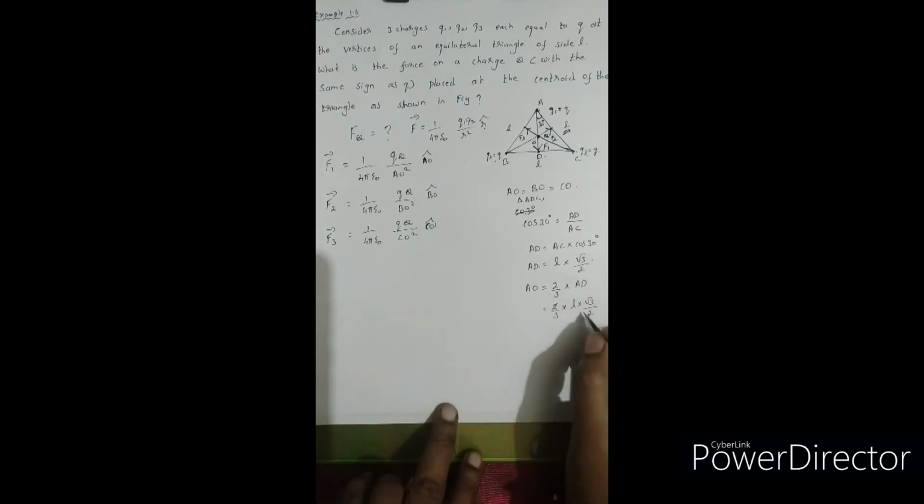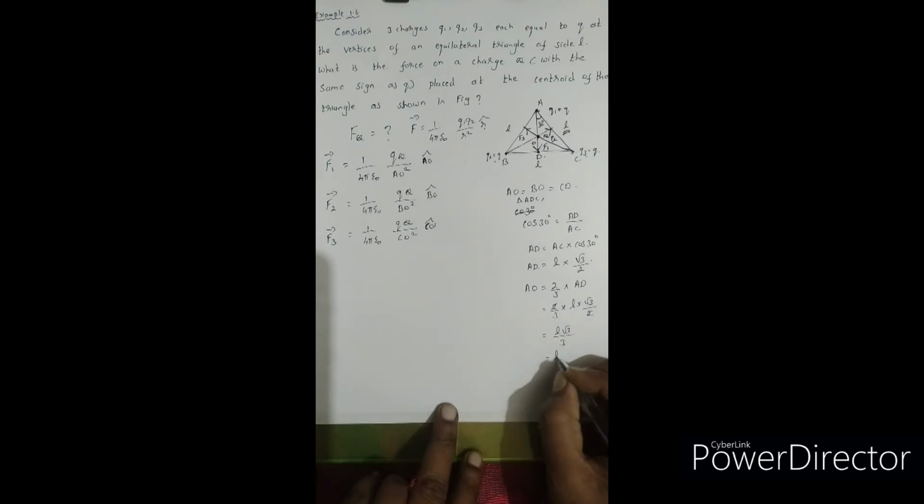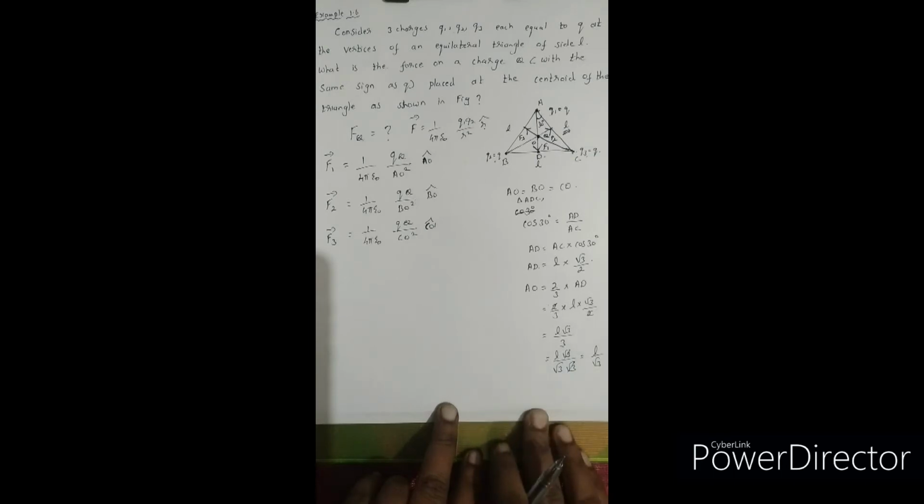Now what will happen? 2 cancels off. So you will be getting L into root 3 by 3. So this 3 can be written as root 3 into root 3. So one root 3 and another root 3 will get cancelled off, and I will be getting L by root 3. Okay children, right?